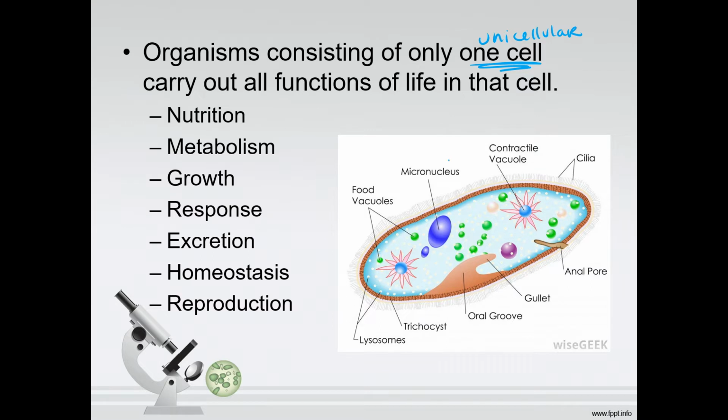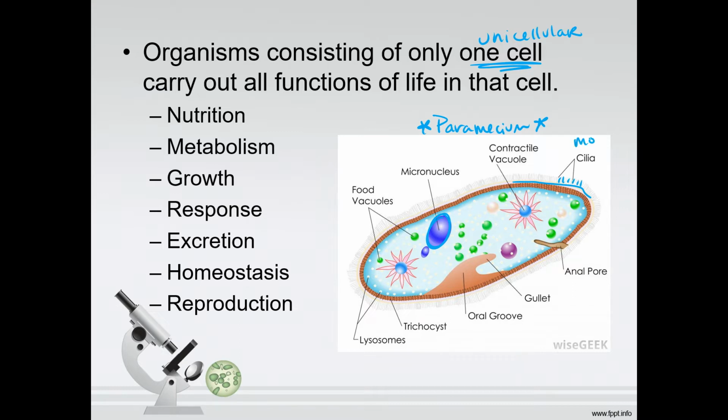So this single-celled organism is called a paramecium. It is one of IB's most favorite unicellular organisms. And you can see that it has a nucleus like all eukaryotic cells ought to have, well, not bacteria cells. It has a cell membrane, but what's super cool is that it's got lots of cilia.